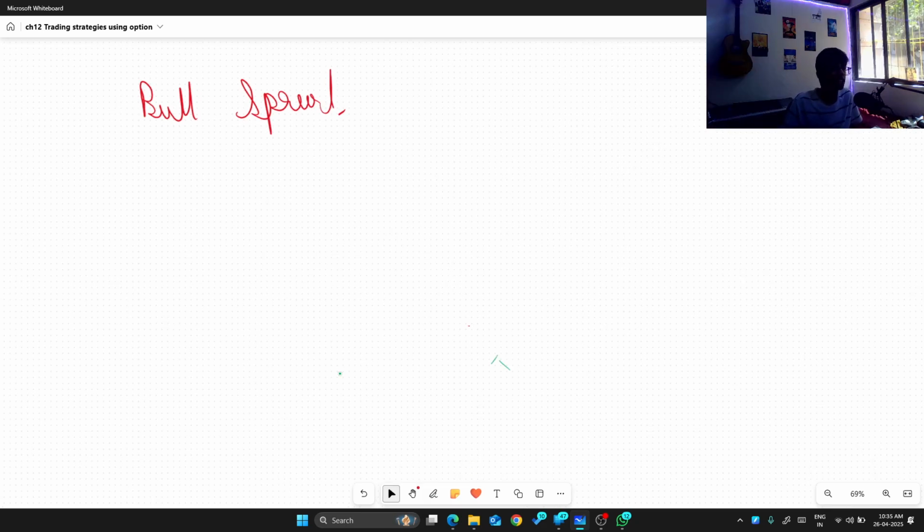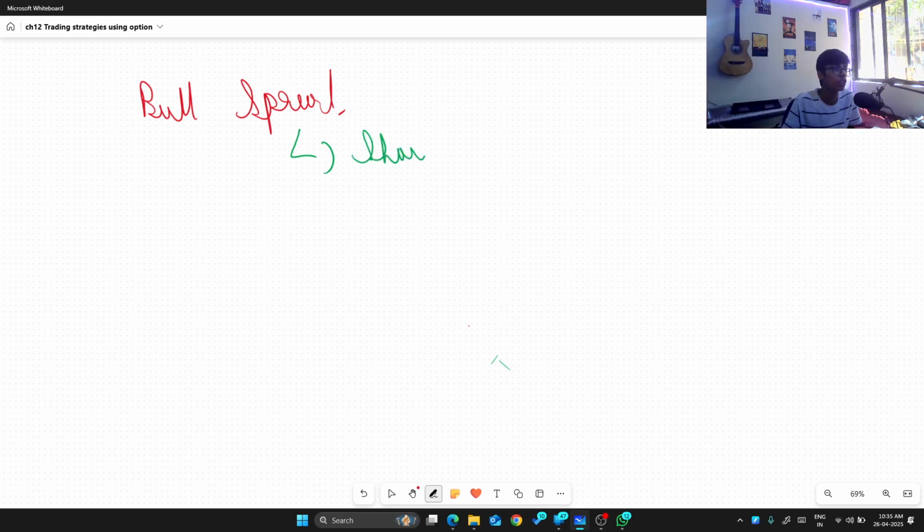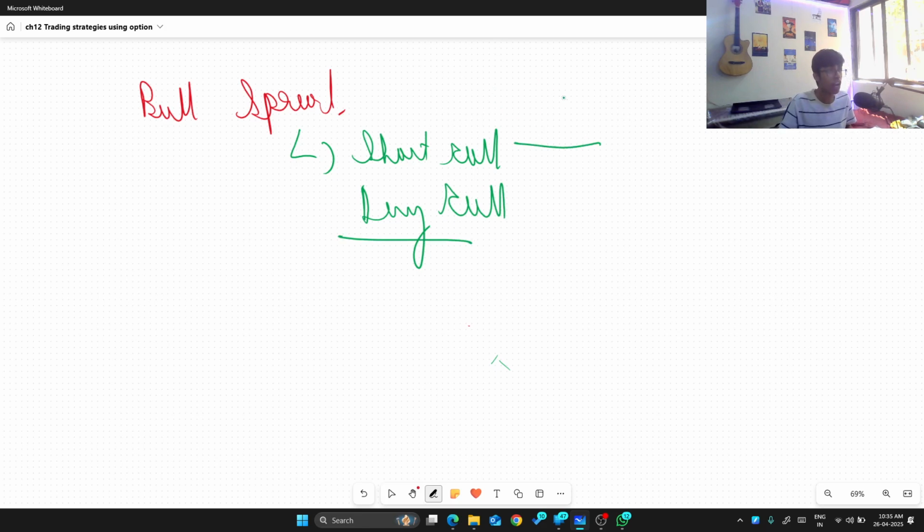So a bull spread is a trading strategy where we short a call and we also have a long position in a call. The short one has a higher strike price K2 and the long one has the strike price K1, right?